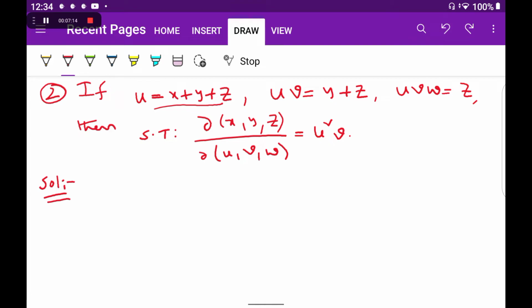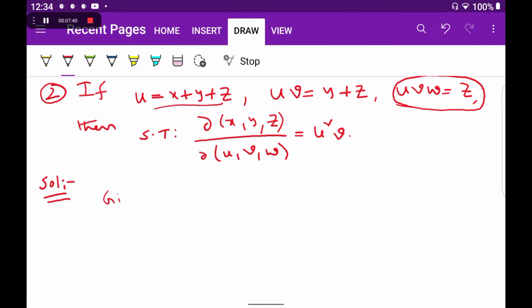But we have to express xyz in terms of uvw first of all, right? Then only you can find the Jacobian of xyz with respect to uvw. So how to express this? We already know z is equal to uvw, right?